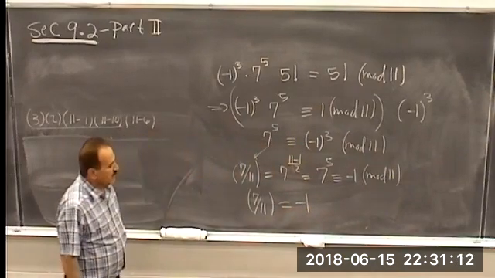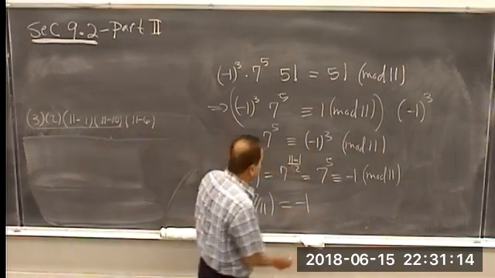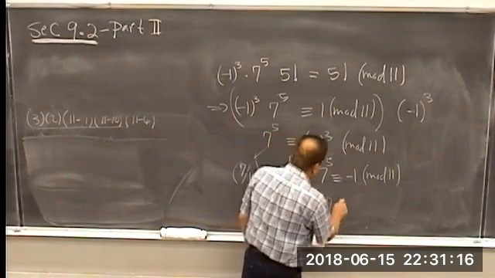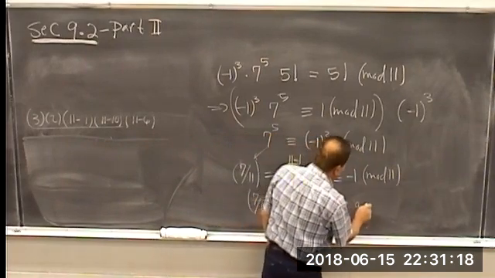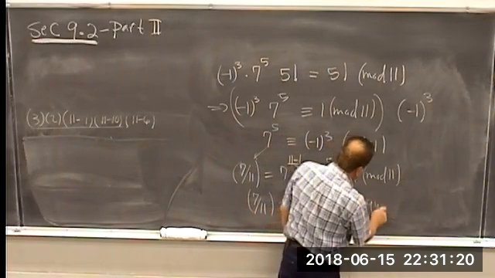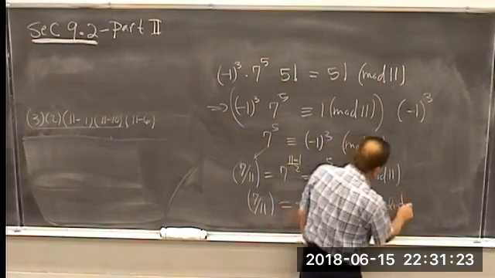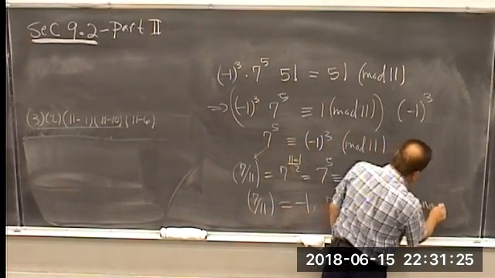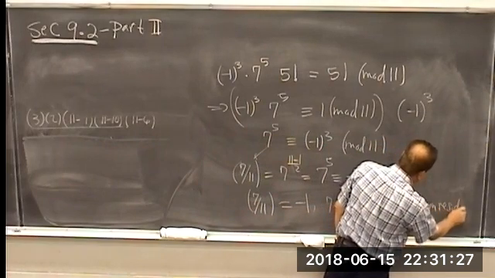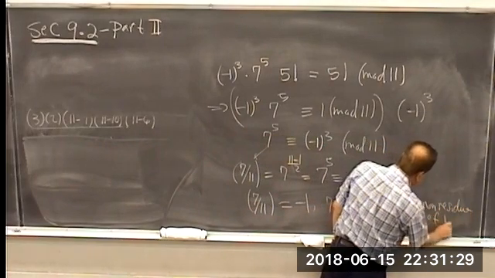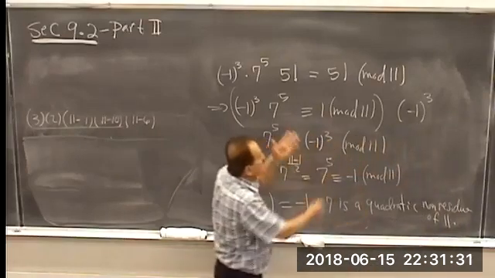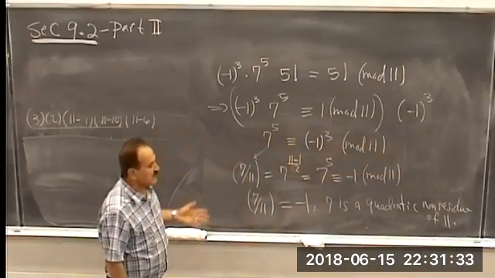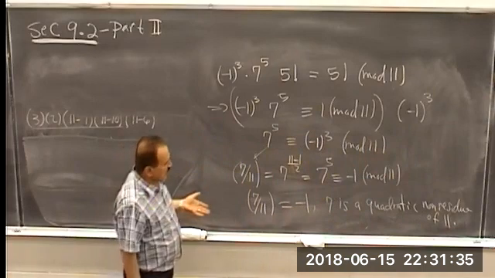So in other words, we could interpret this by saying that 7 is a quadratic non-residue of 11. But since we are doing the proof together with the calculation, it looks very, very hard.